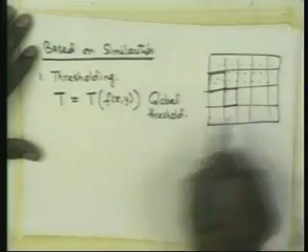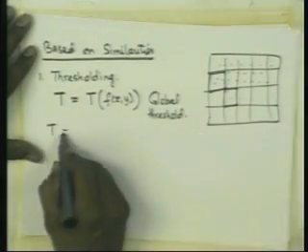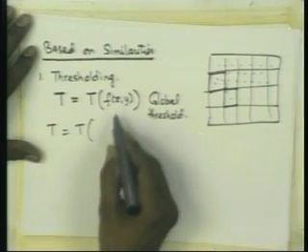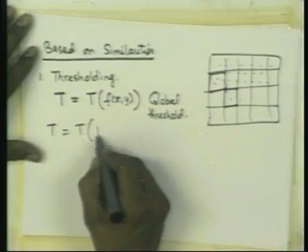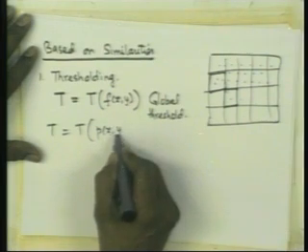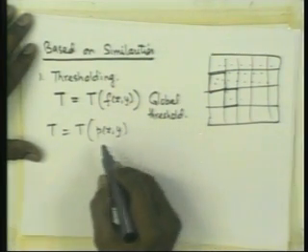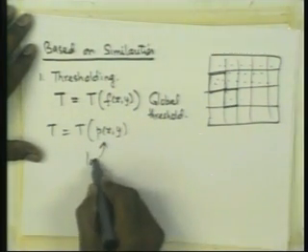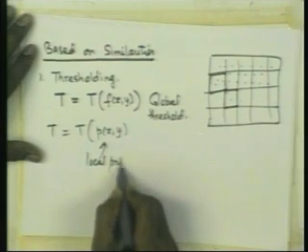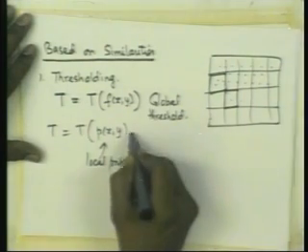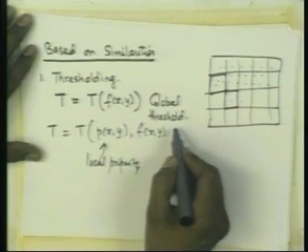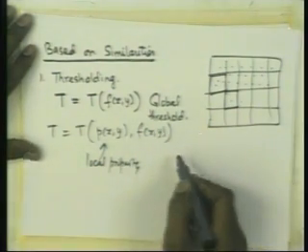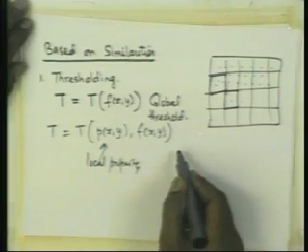So, if I do that, then my threshold becomes not just a function of the intensities, but also of some property that I am looking for in the neighborhood of xy, which I am calling some local property, and it will also of course depend on the individual pixel intensity level to decide what the threshold is.